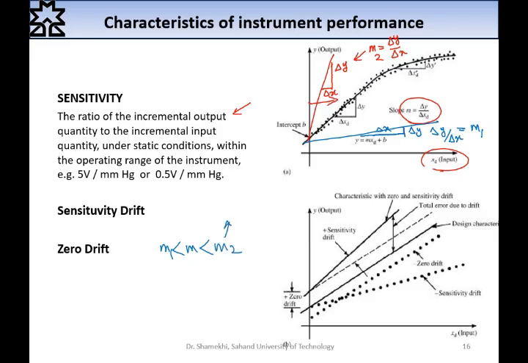Higher slope, higher sensitivity, and smaller slope, lower sensitivity.